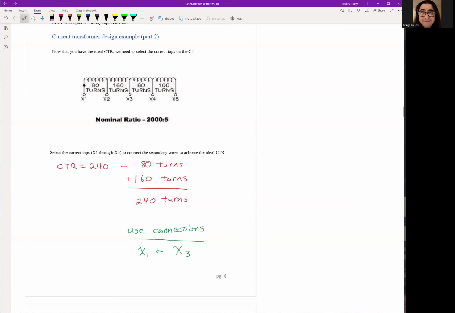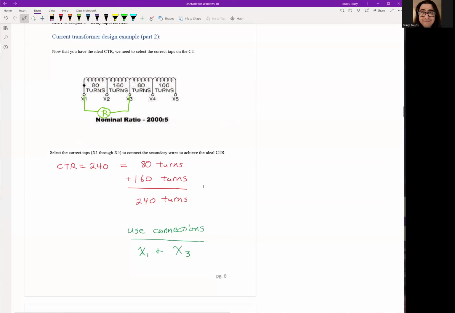So in this particular case, for this relay, we would take X1 and X3. So here's my relay. I would draw a wire from X1 to a wire from X3, and this should be my 1200 to 5 CT ratio. So pretty much what we're going to do all the time when we're out in the field and designing it is choose the correct X1 to X5 ratios for your CT ratio.